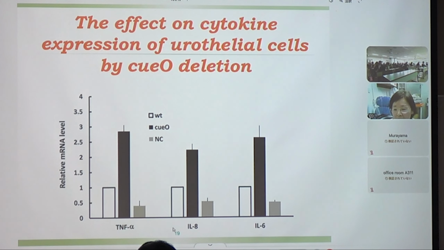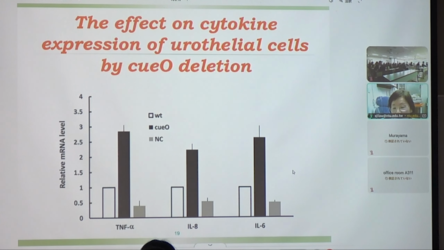As we can see in the figure, the CueO mutant induces the highest TNF alpha, interleukin 8 and interleukin 6 messenger RNA levels compared to the wild type and no bacterial control. This result led us to hypothesize that the mutant may have an in vivo virulence defect.